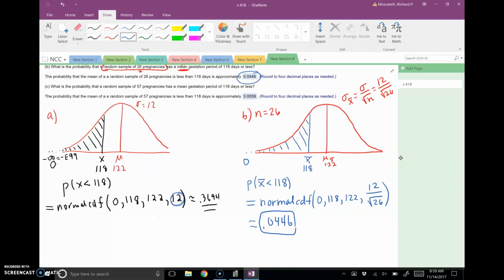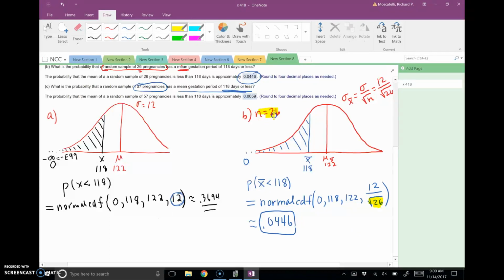All right, now the next question, if you read it, it's exactly the same question. But instead of talking about 26 pregnancies, they're talking about 57 pregnancies. And they're still talking about the same probability statement. So the reality, to work the next probability, all you really need to do is change this one thing. Change this n.